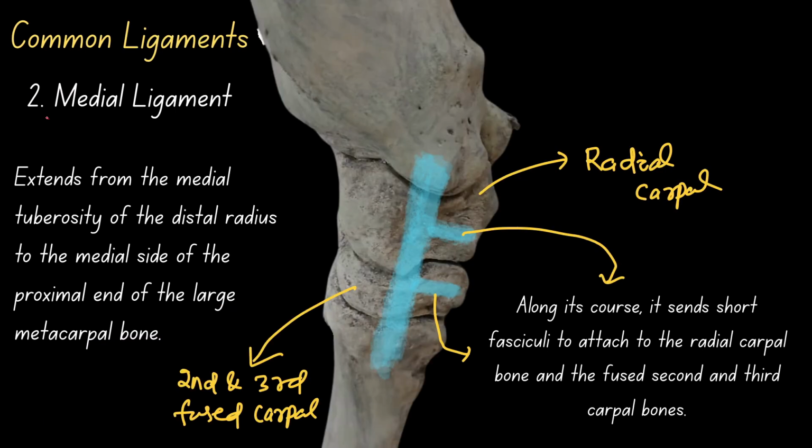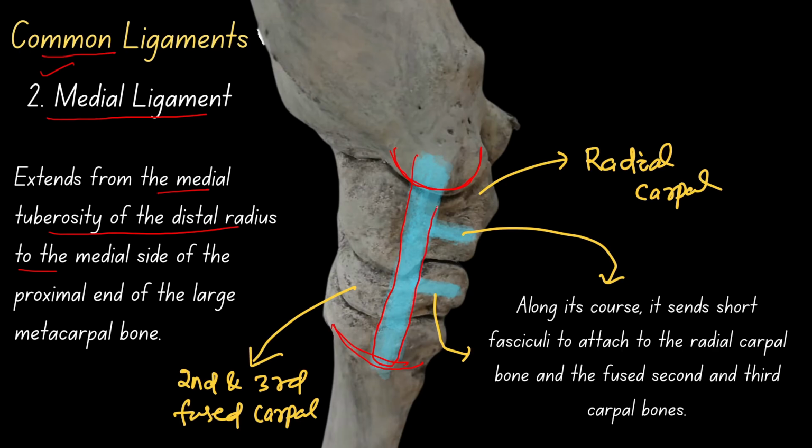Then, in the common category, you will find the medial ligament. You can see this is the medial ligament. It extends from the medial tuberosity of the distal radius up to the proximal end of the metacarpal bone.